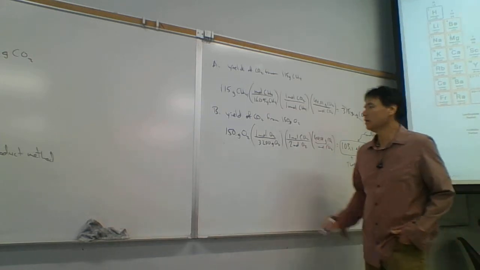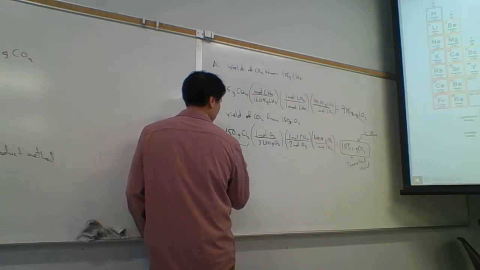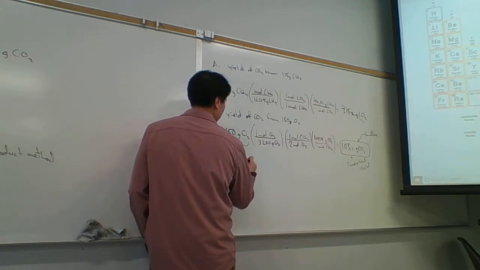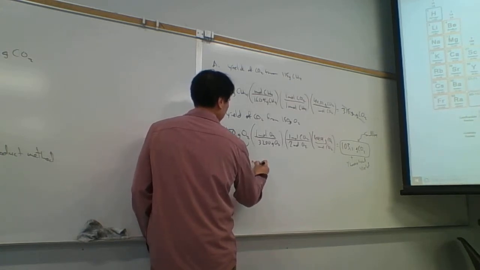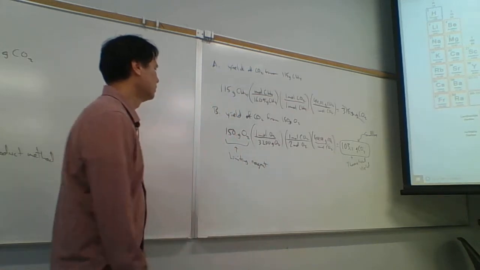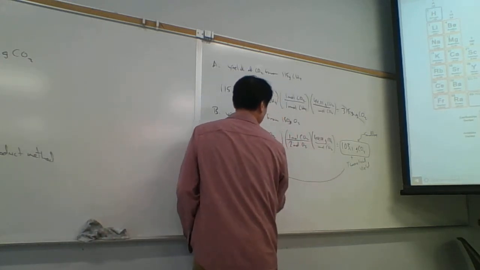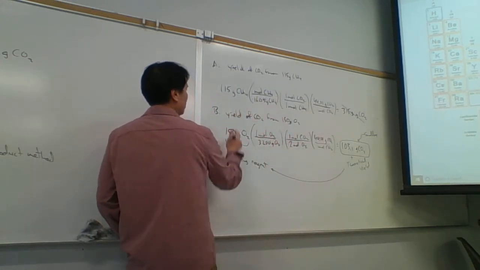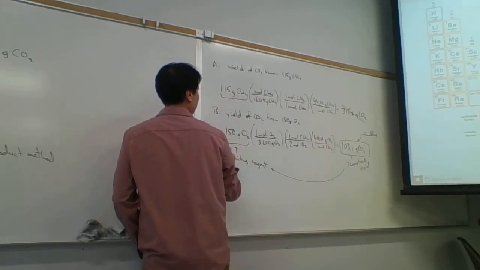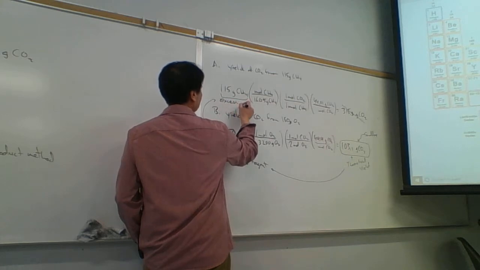And so the oxygen is called the limiting reactant or limiting reagent. I should have done this in red. The actual yield is based on the limiting reagent. This methane is going to be called the excess reagent.